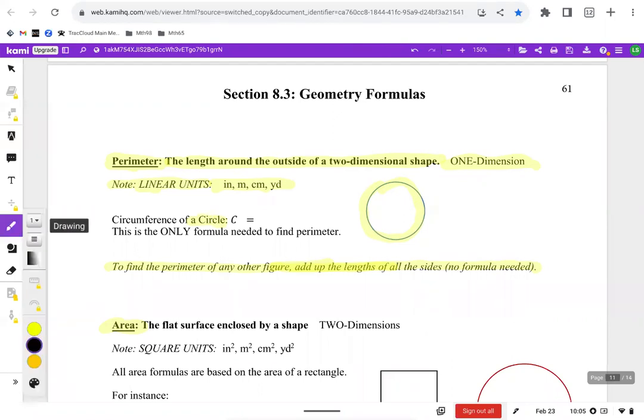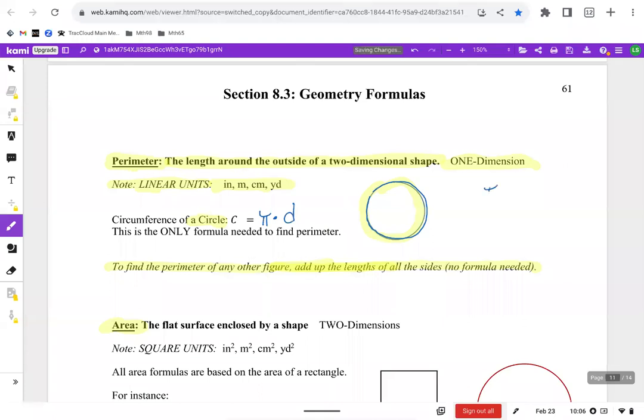The interesting thing that we've talked about before, that kind of disrupted mathematical thought for a while, is that the formula we use for the perimeter of a circle brings in this strange value pi. The length around a circle is always going to be found by multiplying pi times the diameter.